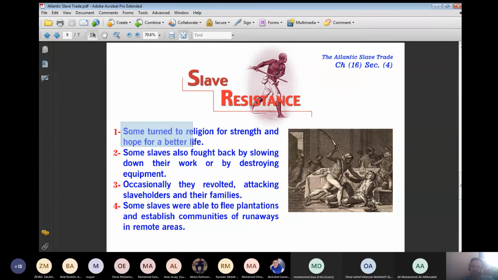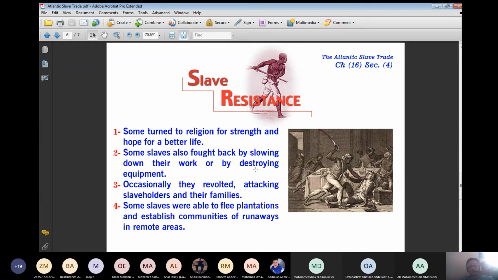And this can be something like surrendering, as trying to find a way to accept the fact that they are slaves. Number two, some slaves also fought back by slowing down their work, like your friend had just said, or by destroying equipment.